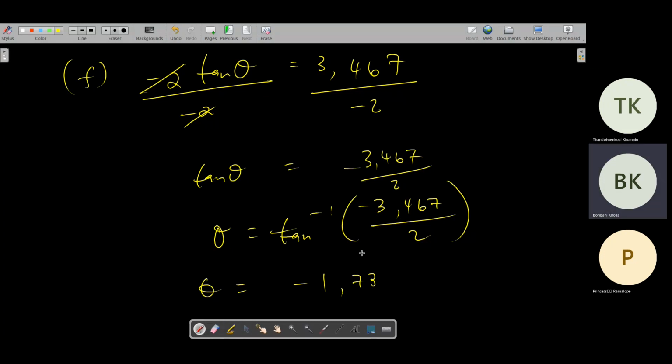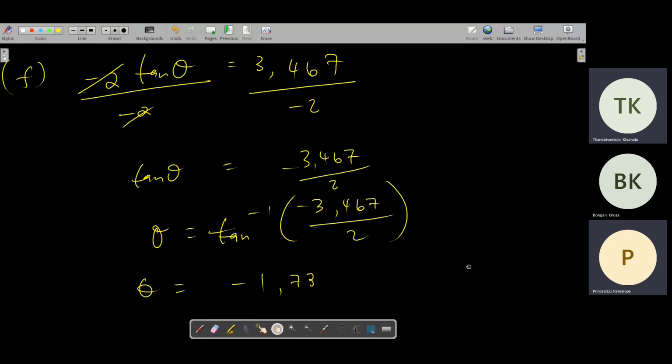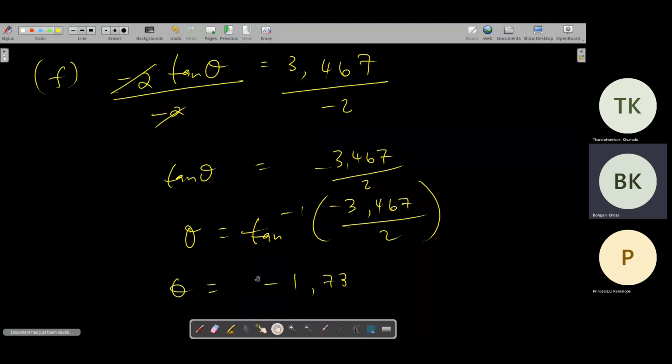Did you manage to do this one? I put it into arctan and I got... Right. Okay, you panic a lot. You can be penalized if you don't write your answer in degrees. To be safe, you can just write that degree.